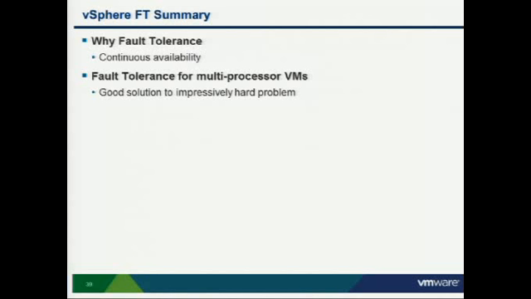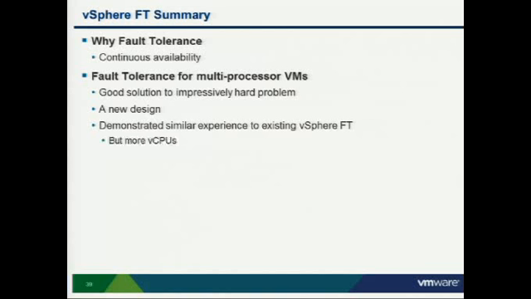We think we have a very good solution here, and it required a new design, which I outlined and demonstrated in a little demo. You can see it in action for yourself. It's a very similar experience to uniprocessor FT: just click a button, turn on FT, and things are working, except with more vCPUs, which is a good thing.